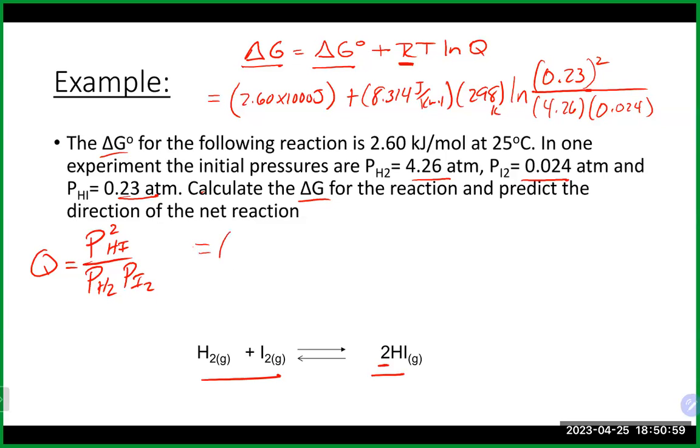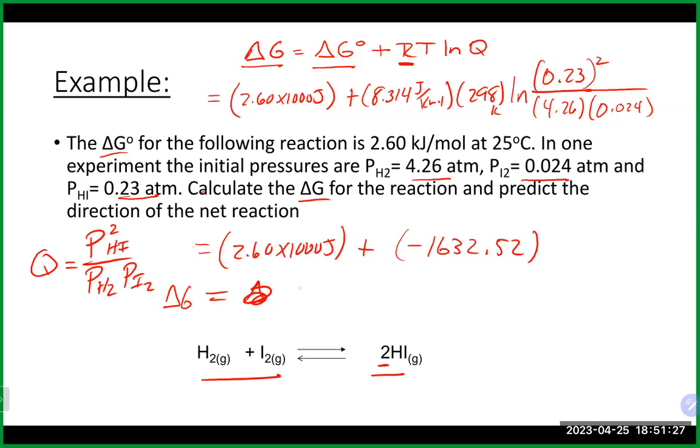We're going to have 2.6 times 1,000 joules plus, I believe, something like negative 1632.52 and some change. I'm now ready to add those two together. That gets me a delta G value of about 967. Mine would be in joules because I converted everybody to joules. If you did kilojoules, you would be at about 0.967 kilojoules.